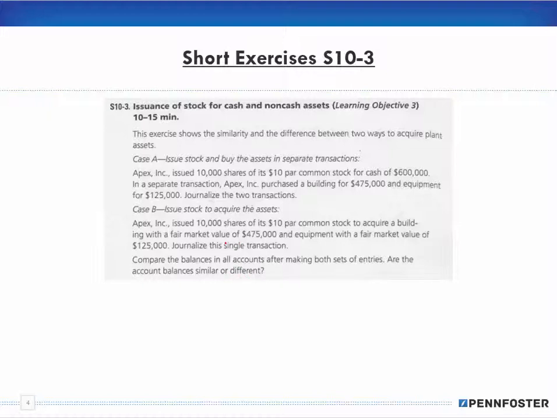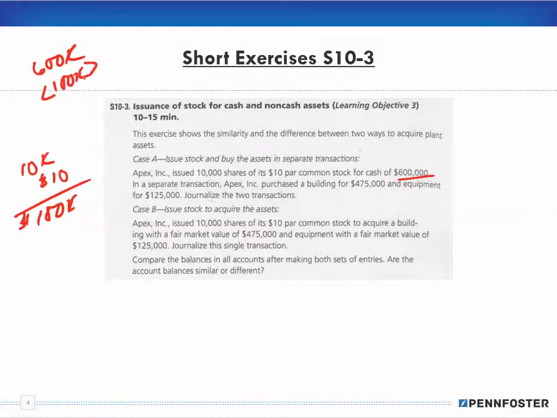Okay, so for case A, Apex issues 10,000 shares of $10 par common, right? So that's 100,000, and they're issuing it for cash for $600,000. So we have 600,000, and the par is 100,000.